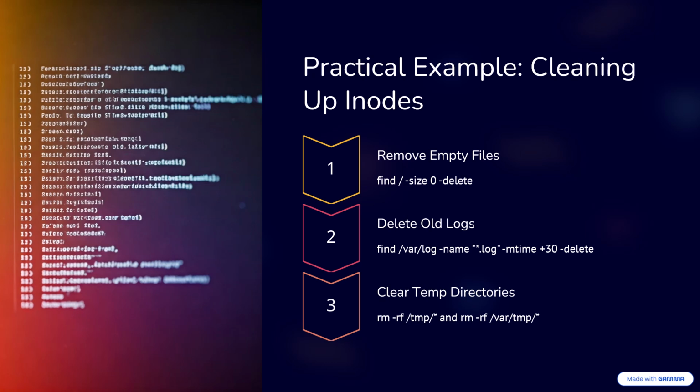This is used to delete old logs. Clear temp directories with rm dash rf. This is used to clear all directories. These are the real practical examples of inodes: remove empty files, delete older logs, clear temp directories.